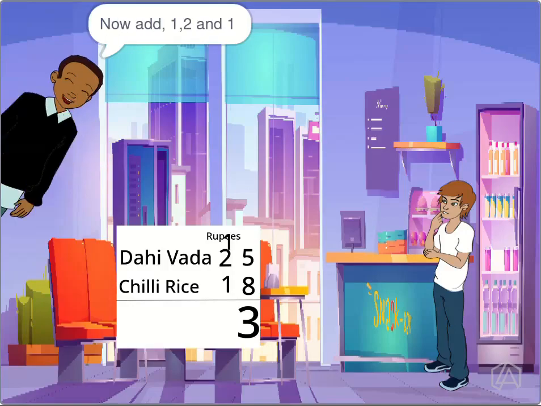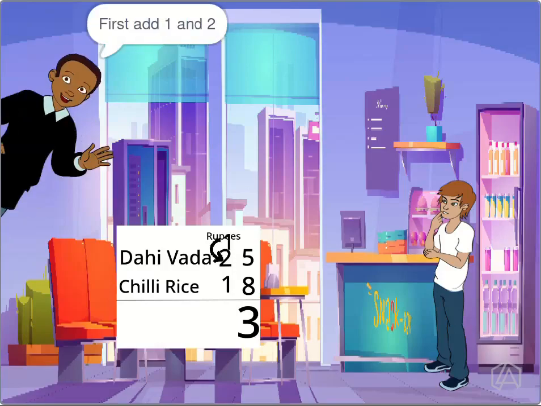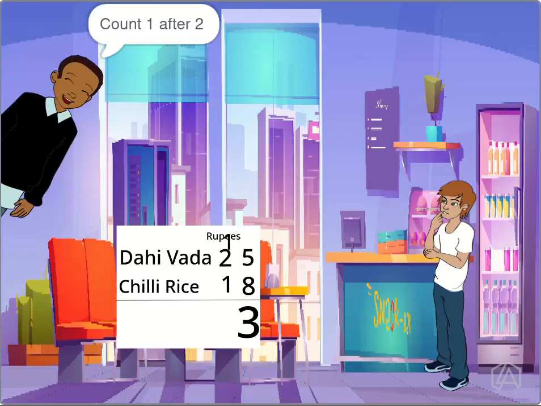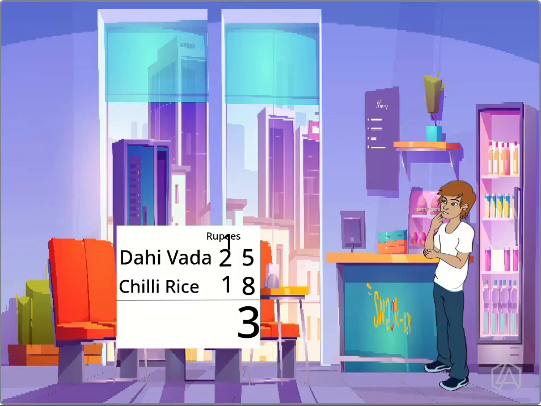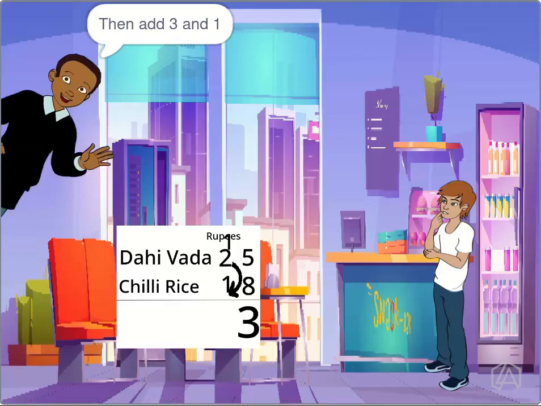Now add 1, 2 and 1. First add 1 and 2. Count 1 after 2. It's 3. Then add 3 and 1.